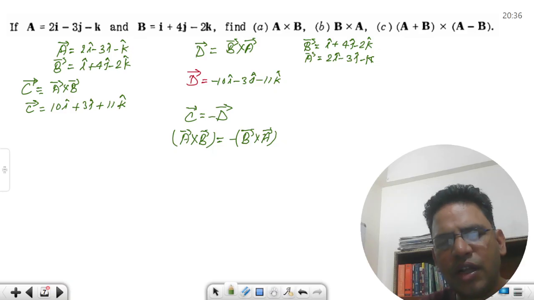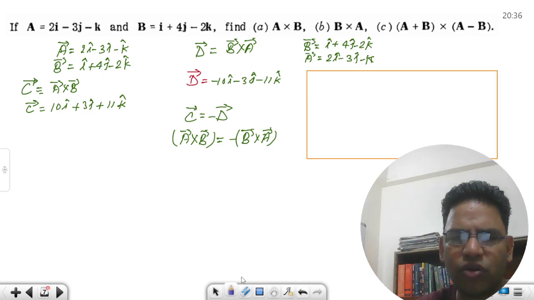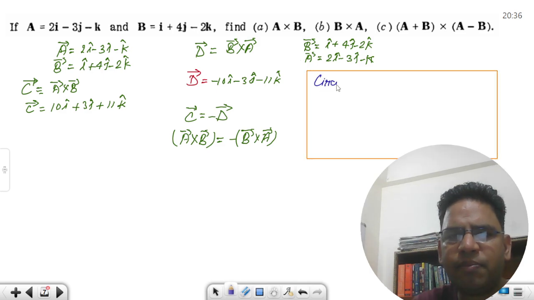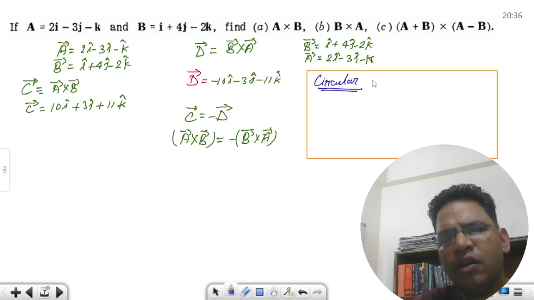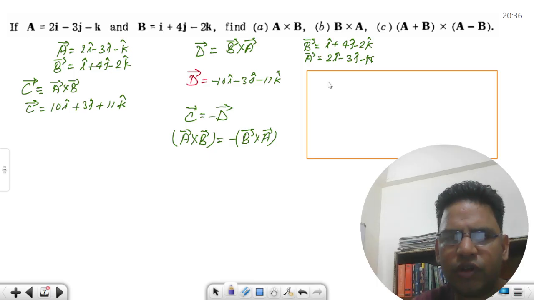How did I do all these mental calculations? I have used this concept of circular permutation, and you can practice. It is called cyclic permutation, if you don't want to say circular.